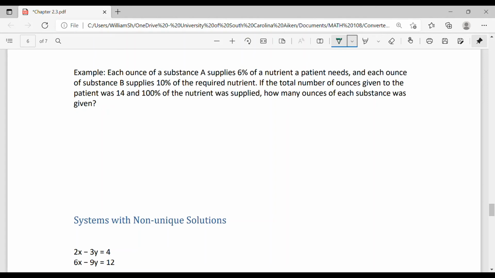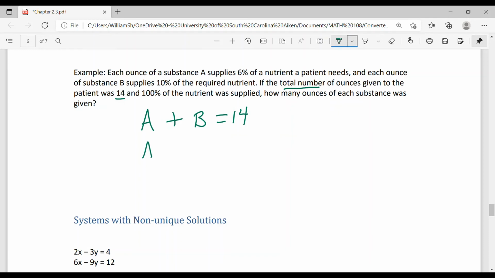Now, what I'm going to do is I'm going to write the easy part first. The total number of ounces given to the patient was 14. That means the number of ounces of A plus the number of ounces of B had to add up to be 14. Okay. Now, each ounce of A supplies 6%. You can do this one of two ways, but I'm going to look at it this way.